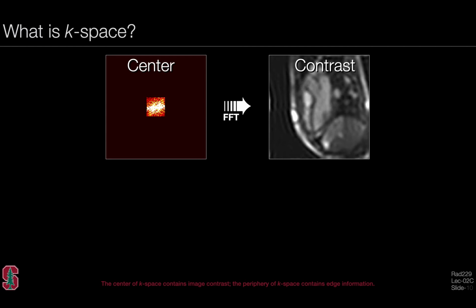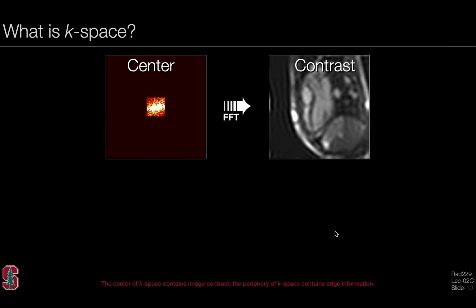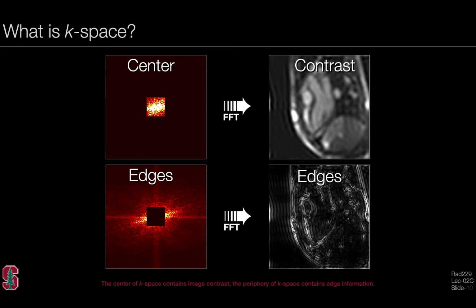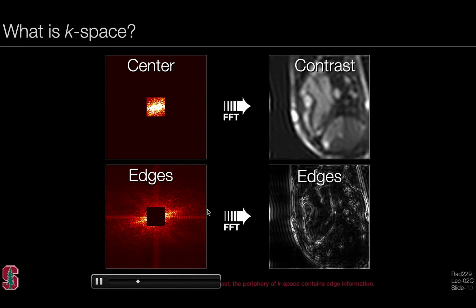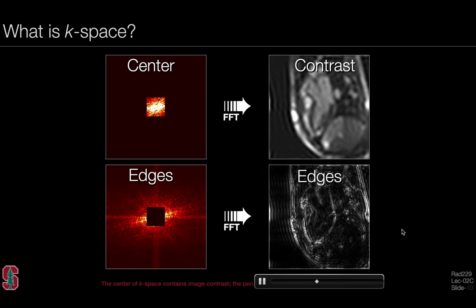We can also isolate just the middle part of K-space and take a 2D Fourier transform. And you'll see on the right-hand side that what we get is a very blurry image. We still see some of the same contrast that we saw in the previous image, but otherwise it's quite blurry. And if we look at just a Fourier transform of the periphery of K-space, or the edges of K-space, and take a 2D Fourier transform, then we get this very unusual looking image, which essentially lacks all contrast but shows quite a bit of edge information.